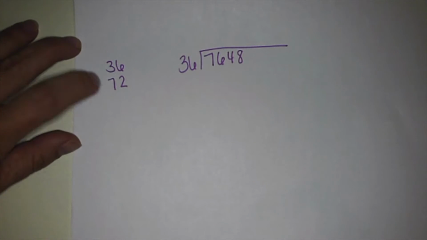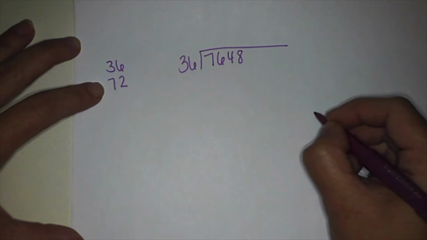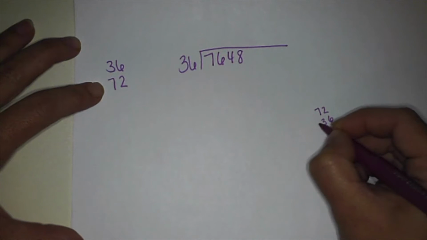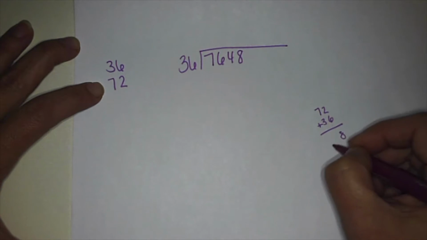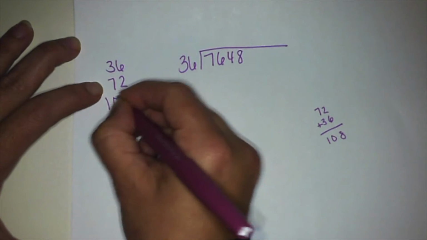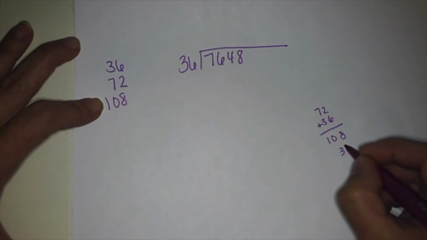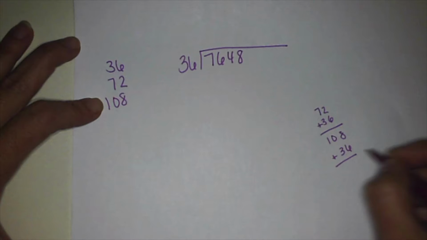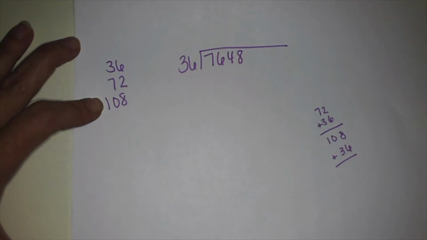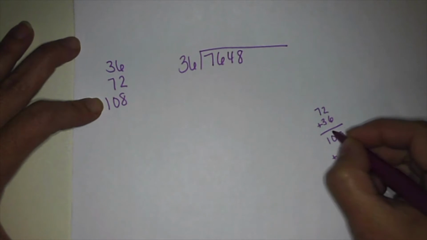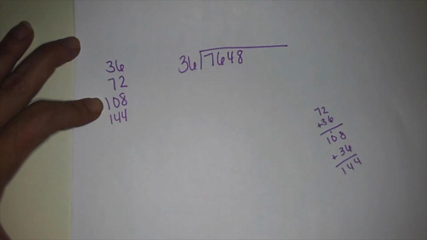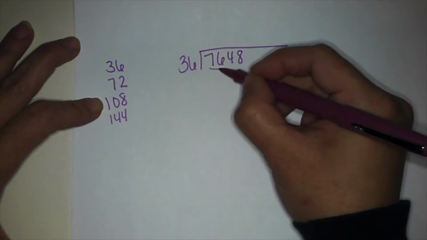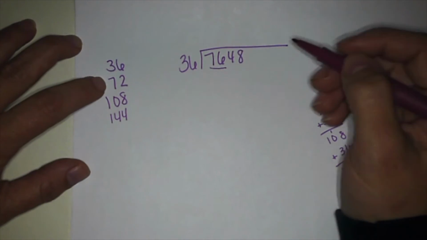Now I'm going to add 36 to 72. And if I have to go off to the side and do some little work over here, adding that, that's okay. And I'm going to keep going. And so what I can do is go back here and say, first thing I've got to look for is 76.